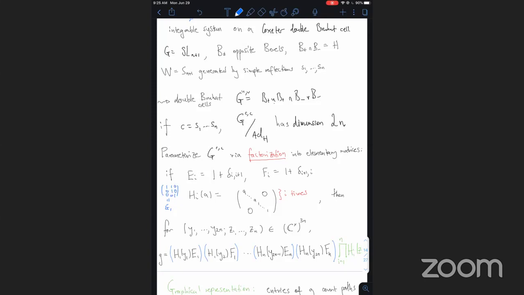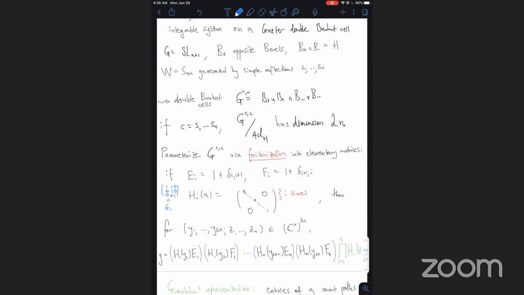And then we're also going to introduce a co-weight parameterization of the Cartan torus. Let me first just explain the formula. We're going to consider elements of the torus h_i(a), where we take the entry a repeated along the main diagonal i times, and then follow up with the rest of the entries in the diagonal being 1.